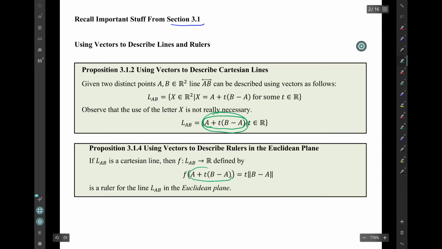If you feed one of those points into the function f as input, you feed them into that ruler, then what comes out is this real number. That's the output. Notice that real number is constructed by finding the number t, whatever that number t is, you put it there, finding the norm of b minus a, and then multiplying those two things together. That's the prescription for getting the output of that ruler.